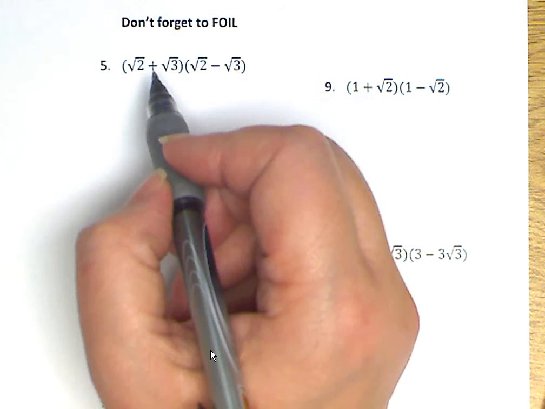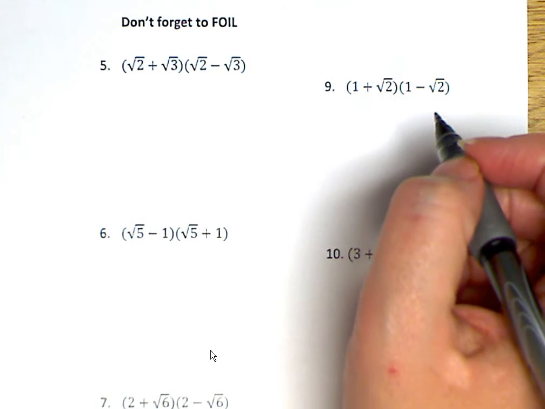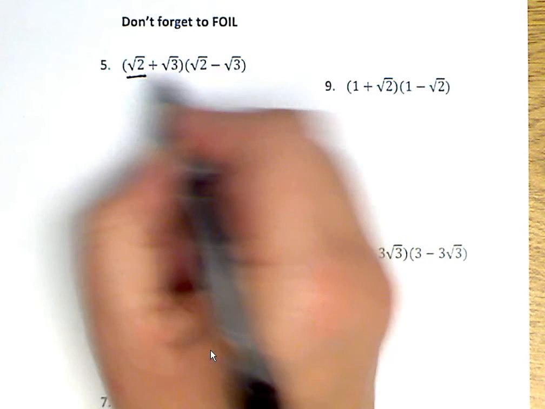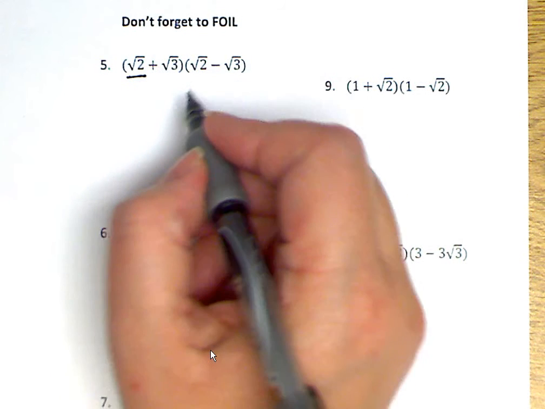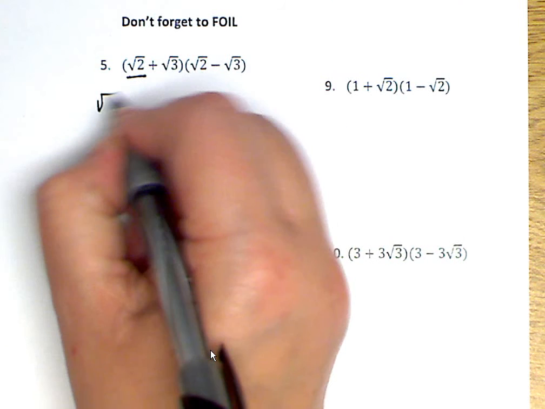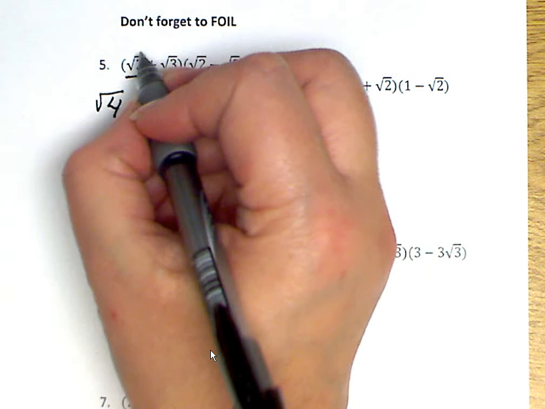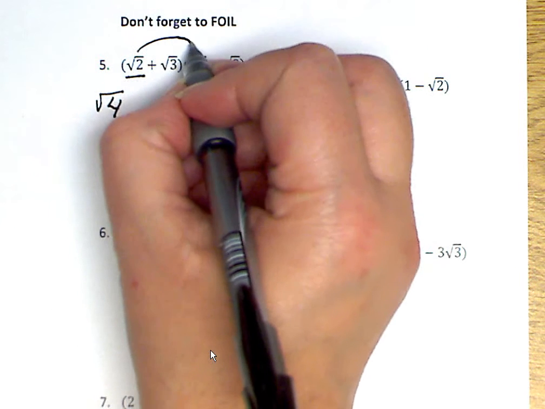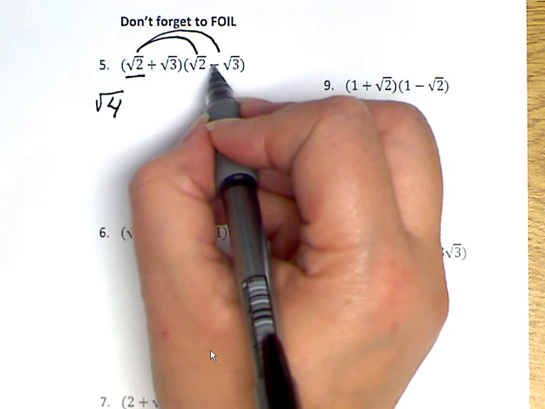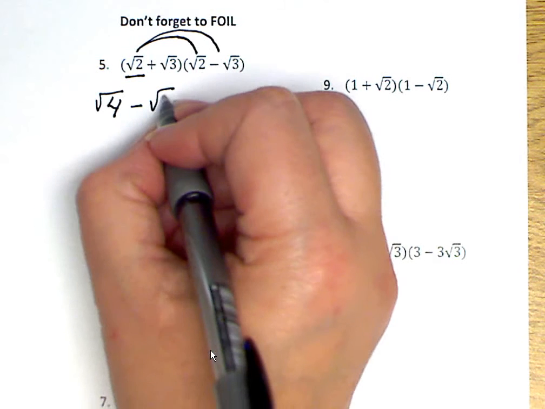is to FOIL. John, what's my first step? I'm going to, very good. So square root of 2 times square root of 2 is? Square root of 4. Which is 2, but we're going to wait on that. Then you do this here, and then we do the outer one. So square root of 2 times negative square root of 3 is negative square root of 6.